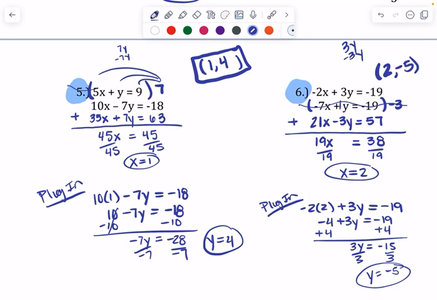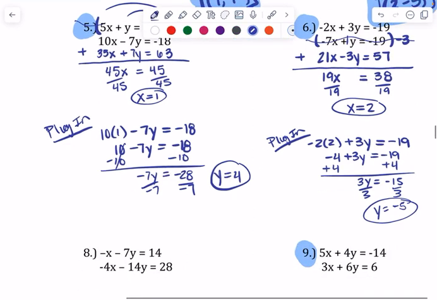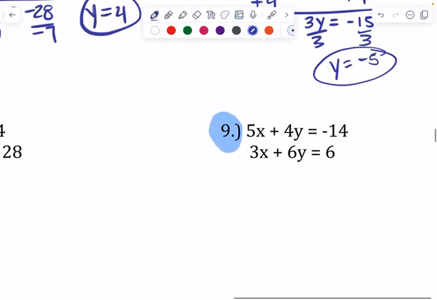We're going to do one more where you have to multiply both equations. So let's look at number 9. For number 9, we've got 5x plus 4y equals negative 14, and 3x plus 6y equals 6.